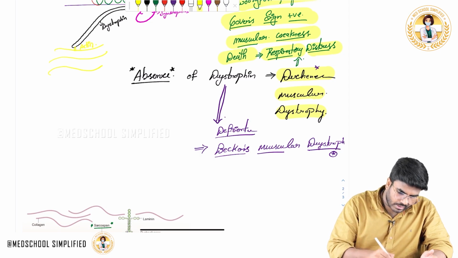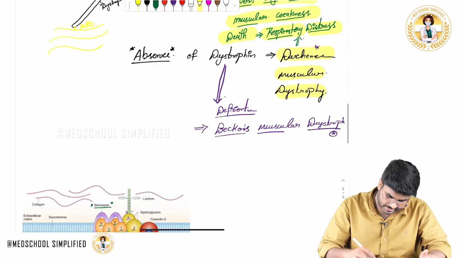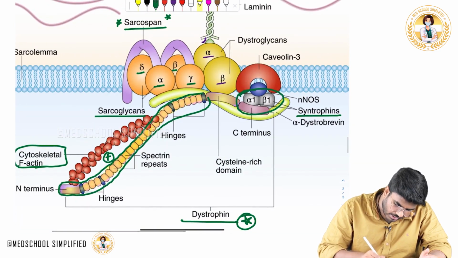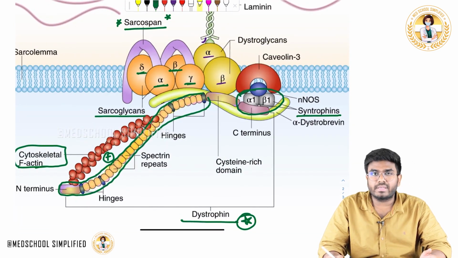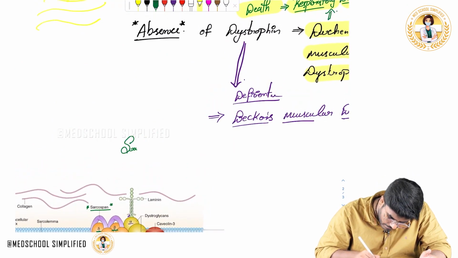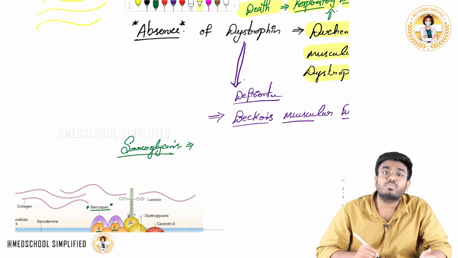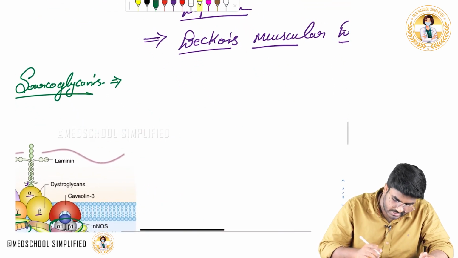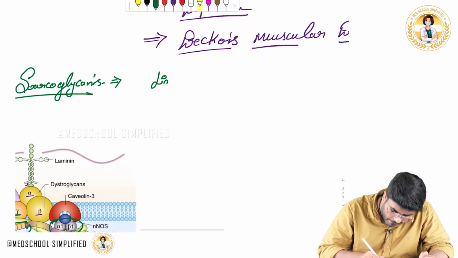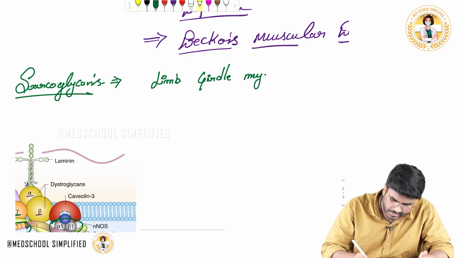Now, we have also studied the sarcoglycan complex. Here, these guys: alpha, beta, gamma, delta sarcoglycans. Whenever they are affected, which disease is that going to cause? That's going to cause limb girdle myopathy.